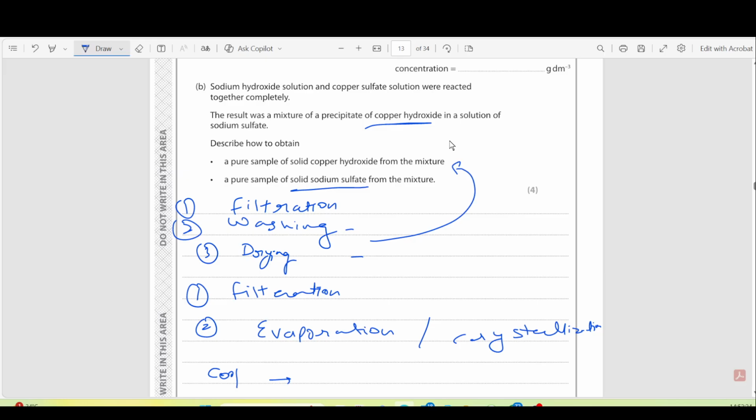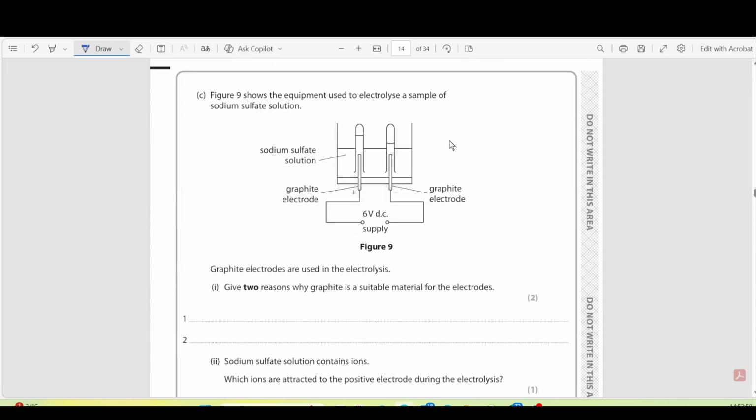The sodium sulfate will be in the liquid that passes through, which we call the filtrate. Then we put the filtrate in an evaporating dish until it reaches the point of crystallization, and then we allow the remaining solution to cool slowly so that large crystals of sodium sulfate can form. Then we filter these crystals out and pat them dry with filter paper.